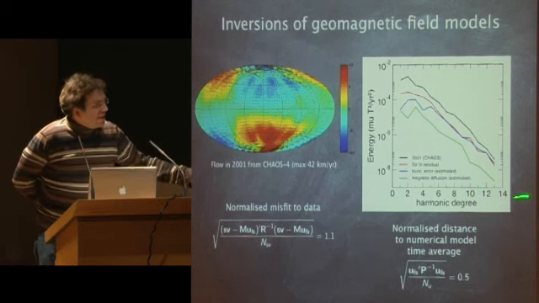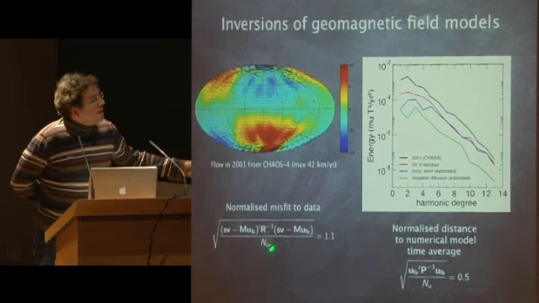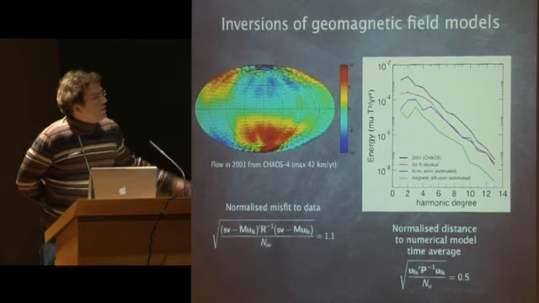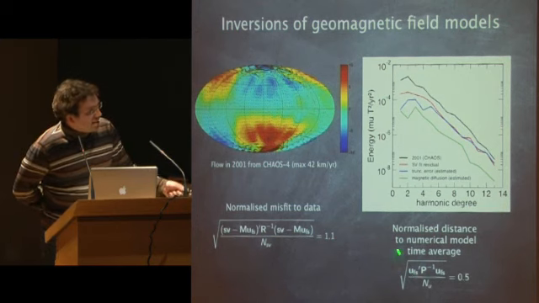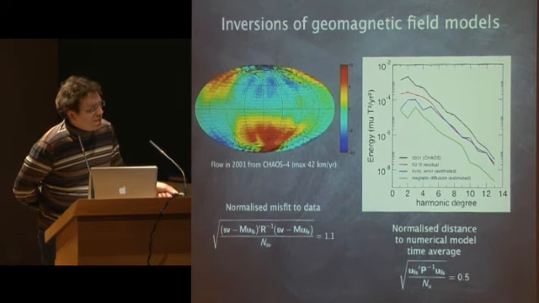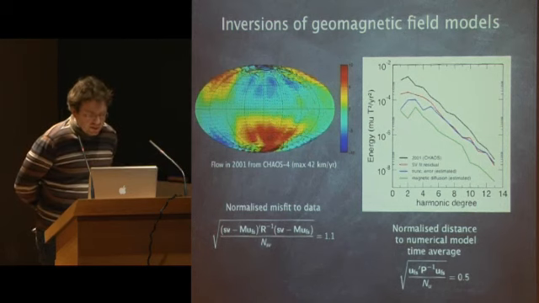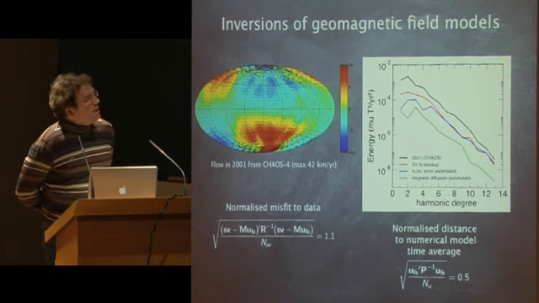And this is the normalized distance. So NSV is the number of degrees of freedom that you have in your SV. So it's about 100 coefficients in this case. And this is the same, but this is the distance to the time average of the numerical model. So this is how big the departure is between this flow that we have recovered and the time average of the dynamo model.